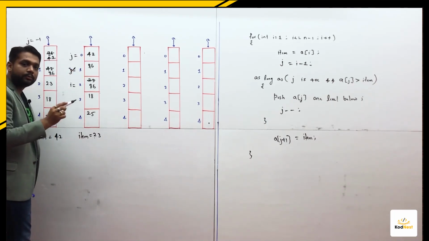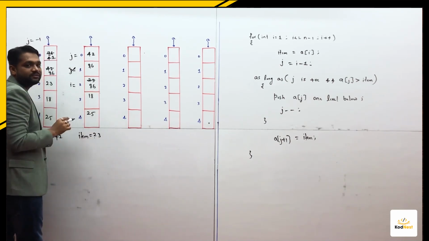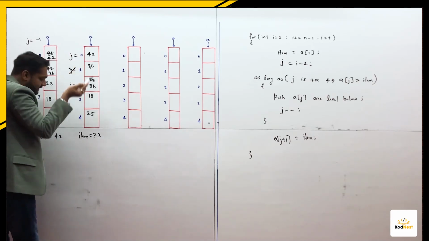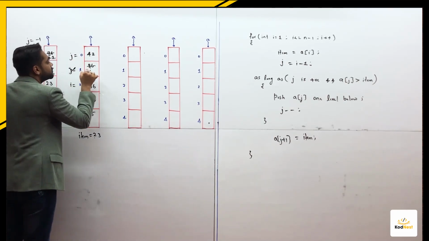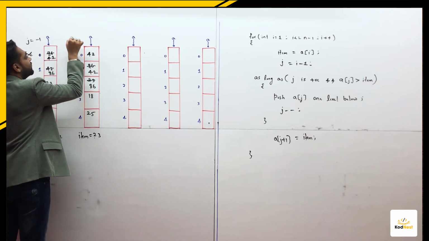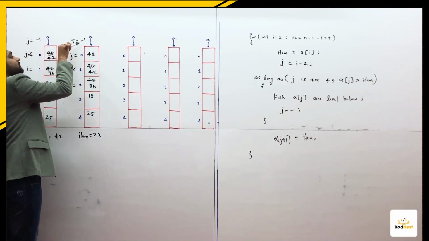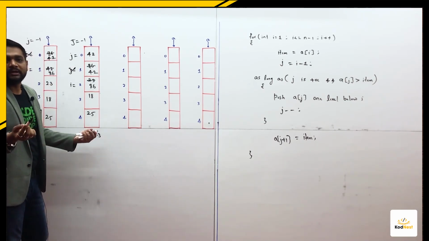You are inside the loop, go back. As long as j is positive, j is positive, and a of j is greater than item, correct, push a of j one level below, pushed. Decrement the value of j. As long as j is positive, j became negative. Control will come out of the loop.